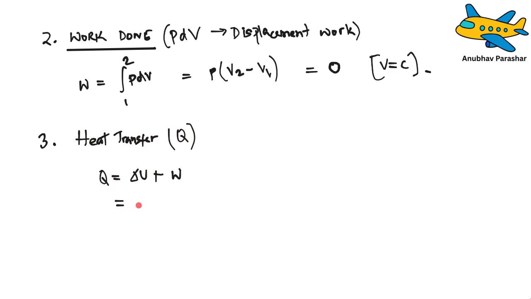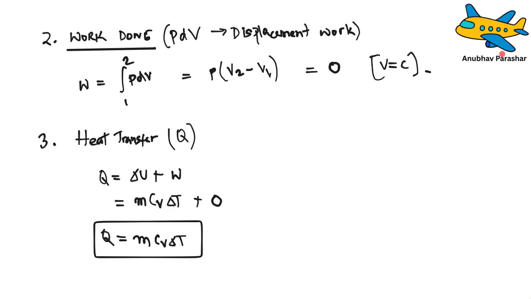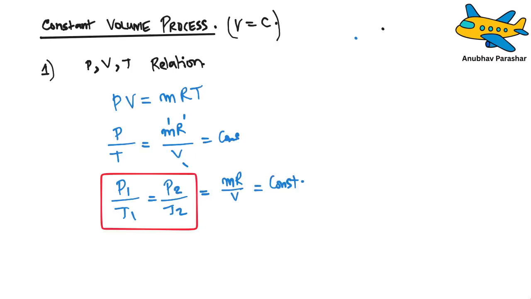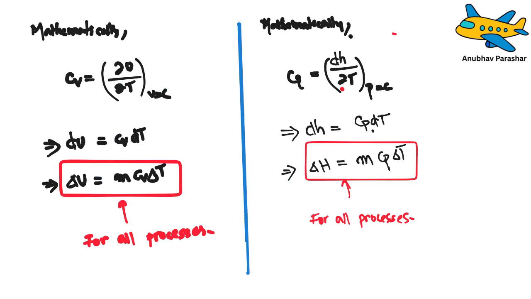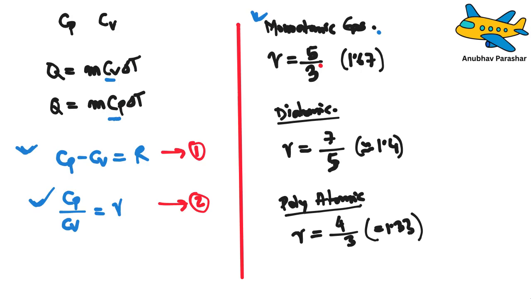Now the change in internal energy for any process is mCv delta T, and the work done for a constant volume process is 0. So the heat transfer for a constant volume process is mCv delta T, which is something we have already seen in one of our previous slides. So heat transfer is equal to mCv delta T if the process is a constant volume process.